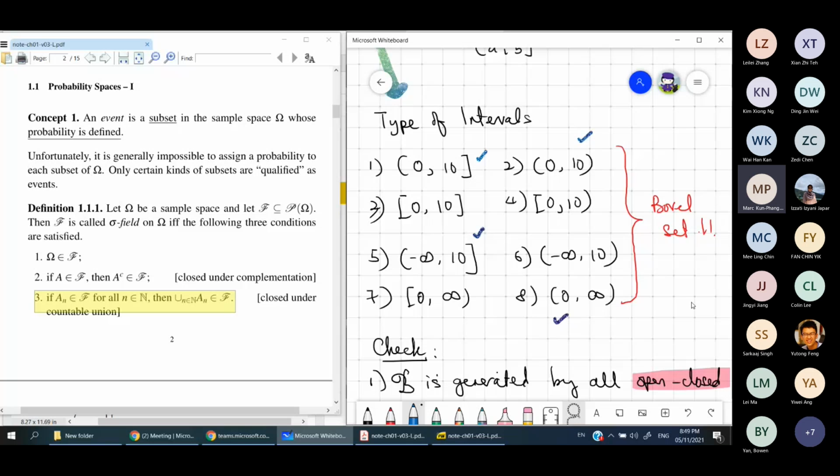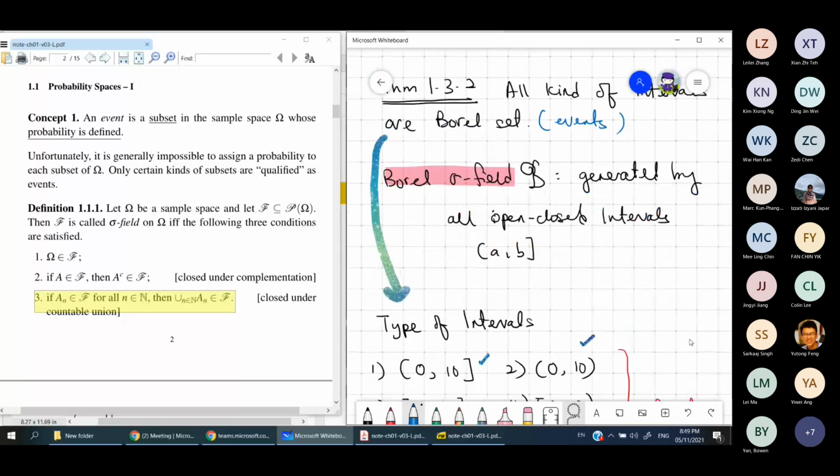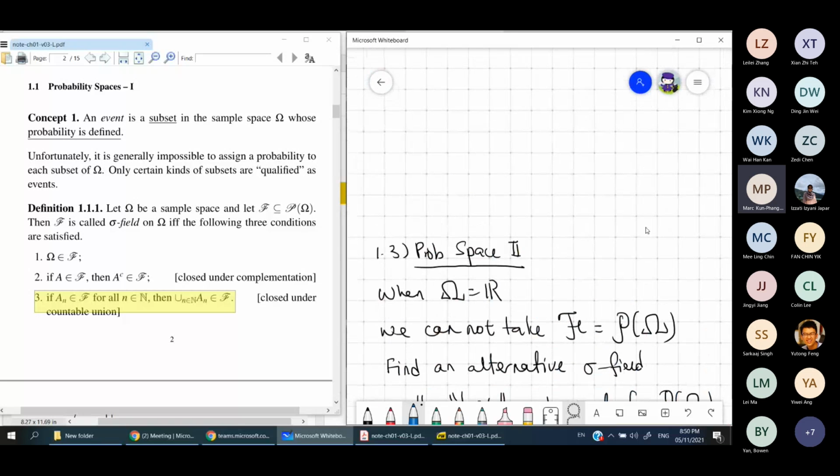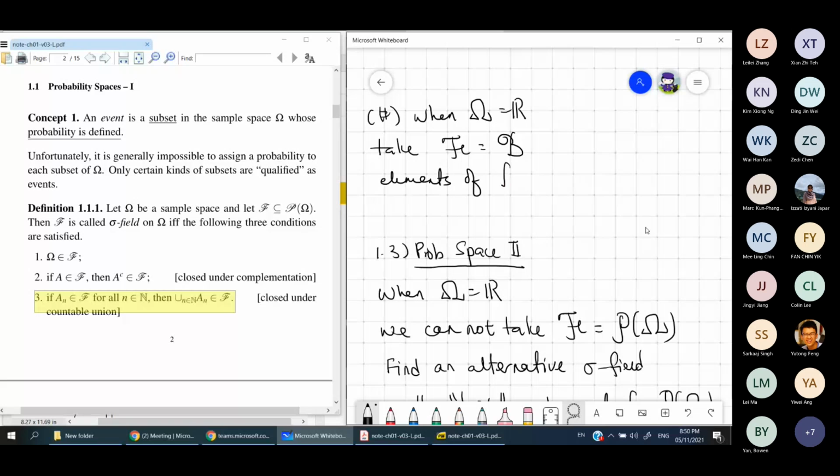Sorry, I think I was a bit quick. Just slowly. Maybe I put it this way. When omega is R, we take F to be the Borel set. That means an element of B is a Borel set.